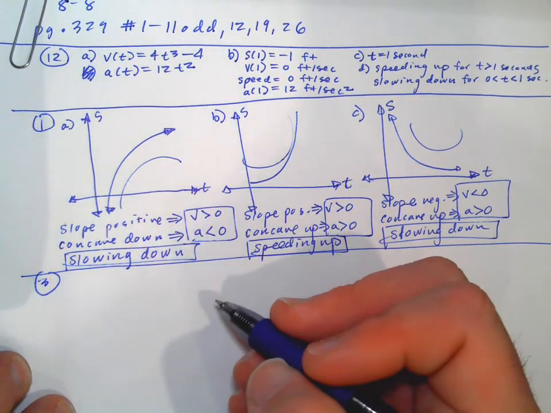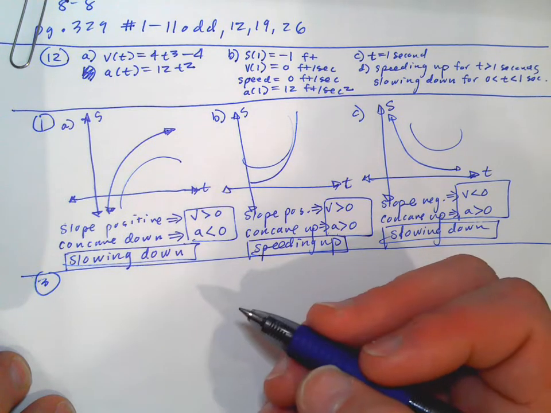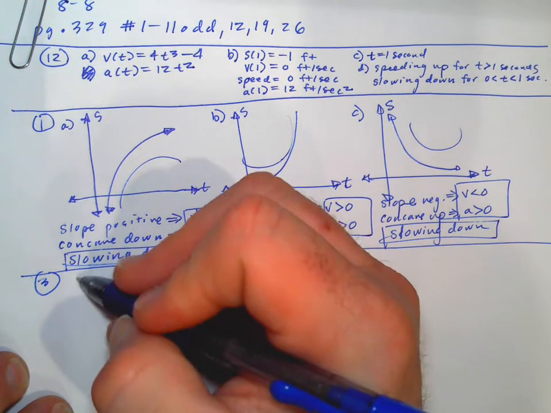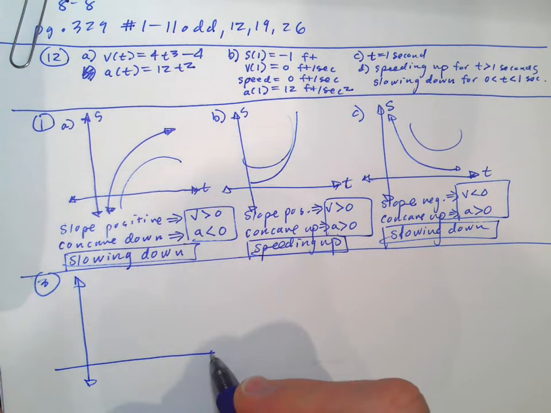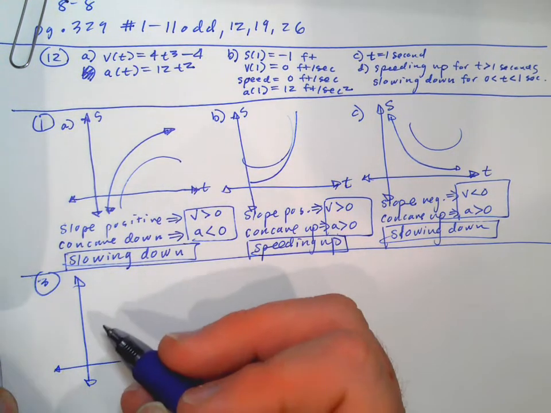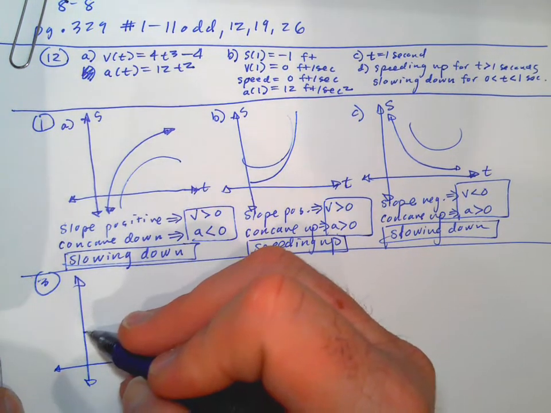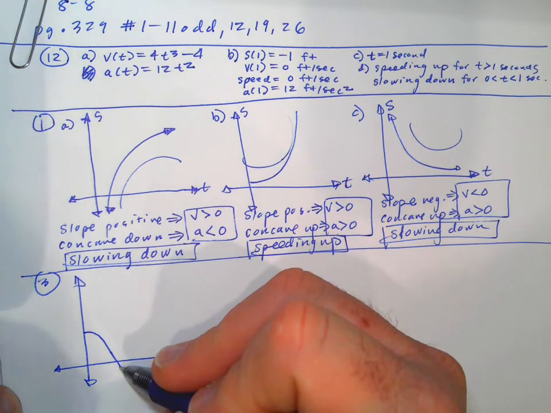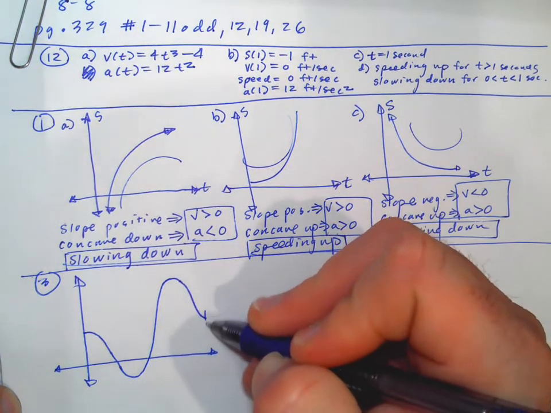Number 3, it says the position function of a particle moving on a horizontal x-axis is shown in the graph. So we could draw that graph real quick. The graph kind of looks like that.